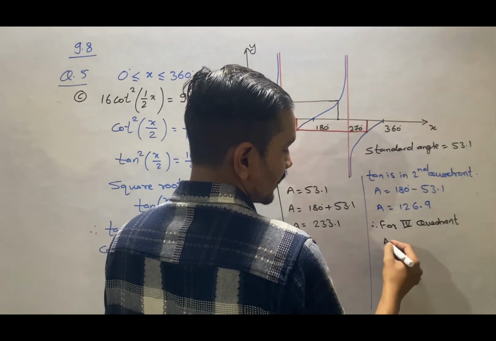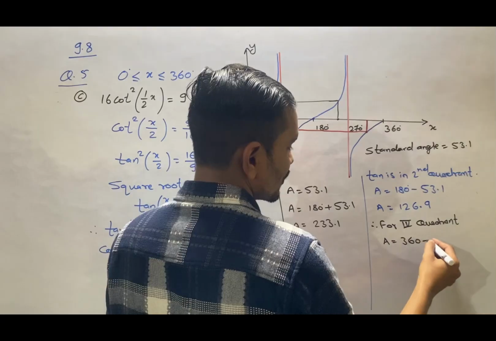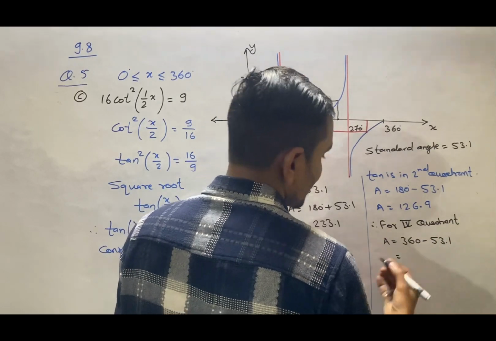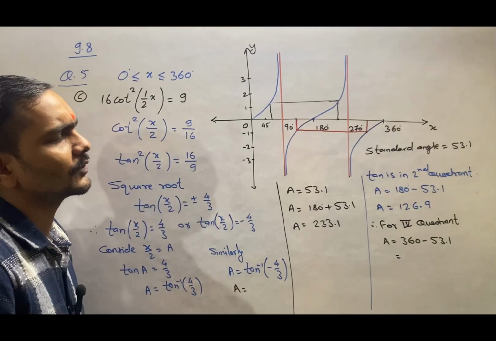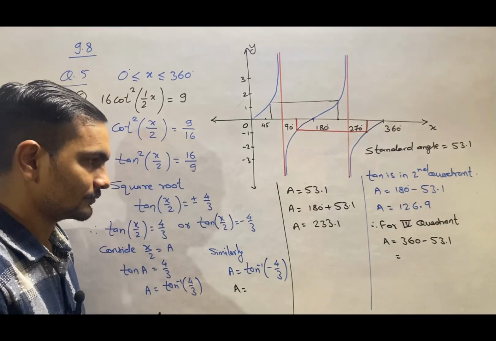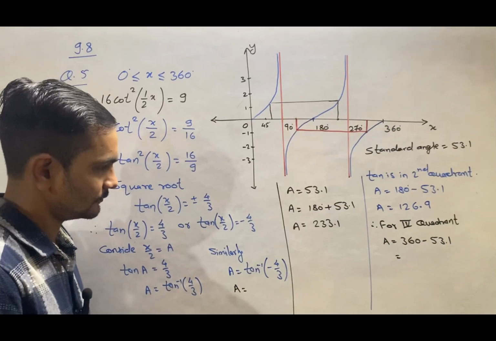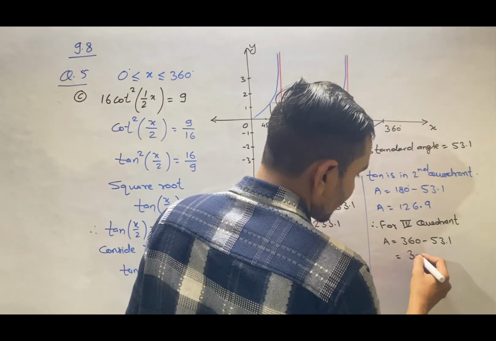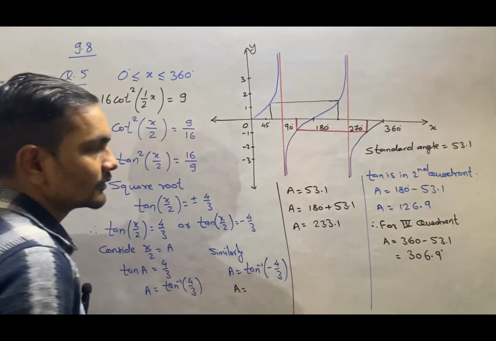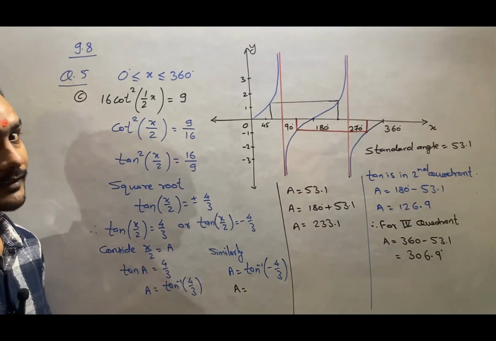So a equals 360 minus 53.1, which is 306.9 degrees. But this is a, not x.